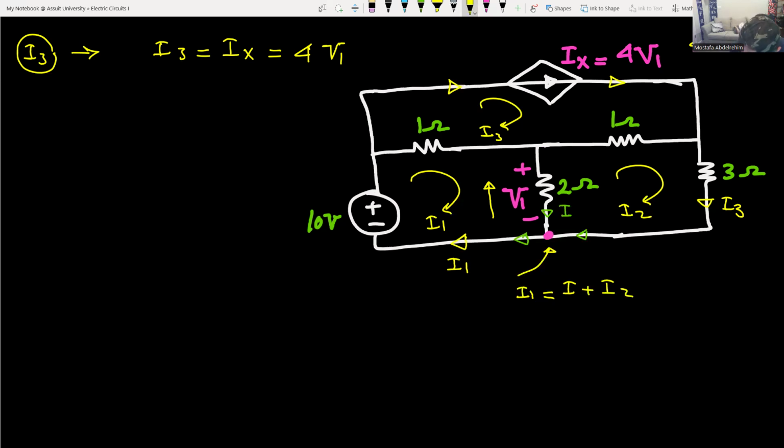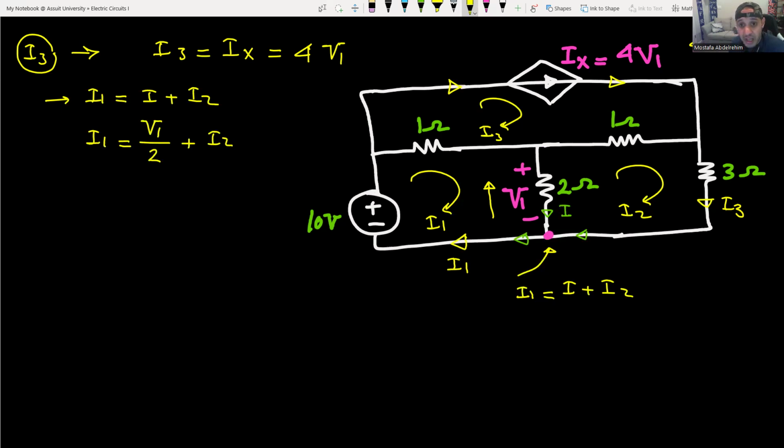So let's write this equation: I1 equal to I plus I2. So what is I? I is the current flowing in the 2 ohm resistance. So I equals the voltage across the resistance, which is V1, divided by the resistance, which is 2 ohm, plus I2.